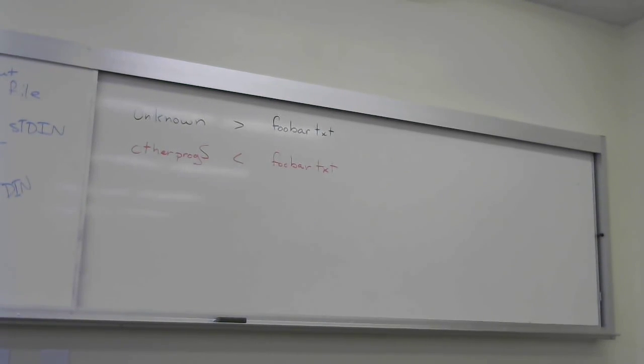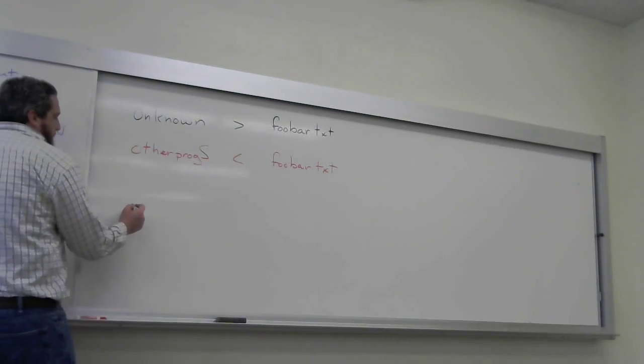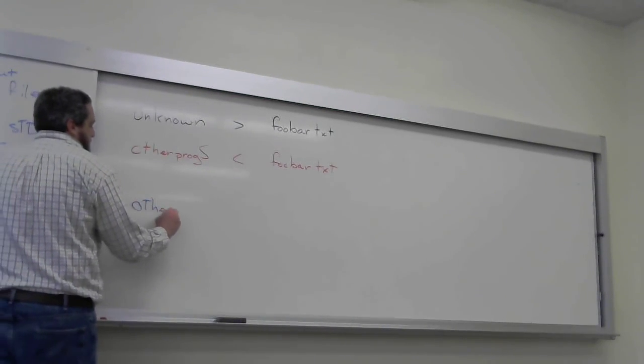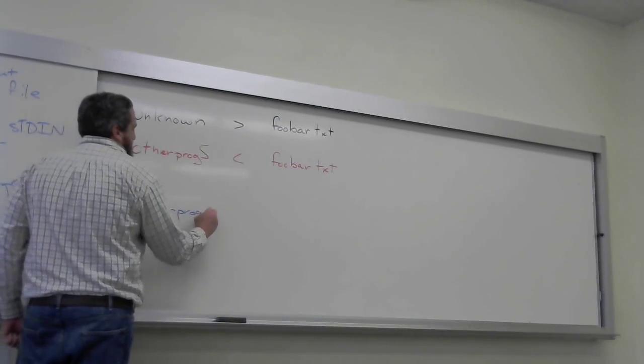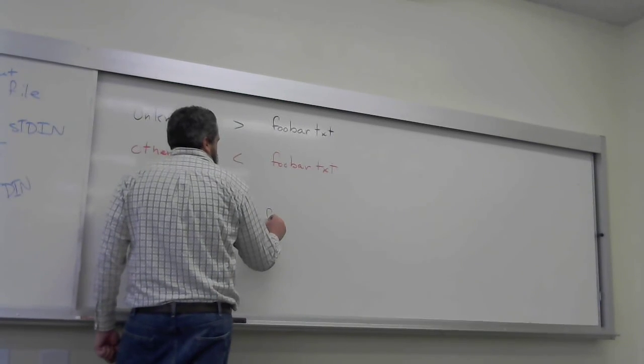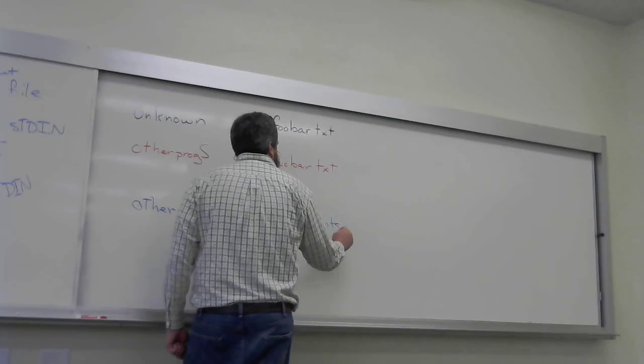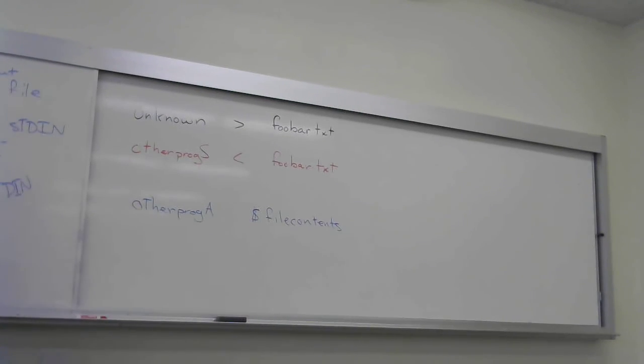If I have a command line argument program, that means I need a variable that I can then do a text replacement in a single line like this. That means that I know that I have to have my second line be something more like this, so like other prog command line argument. I have to have some variable name here. Let's say variable name, let's say file contents. How do I get the file contents into that variable? File contents.